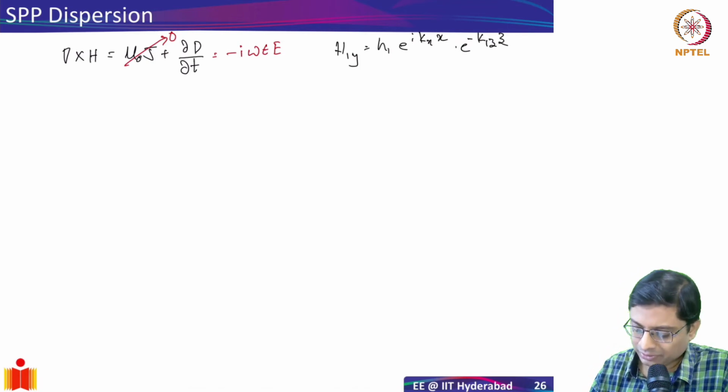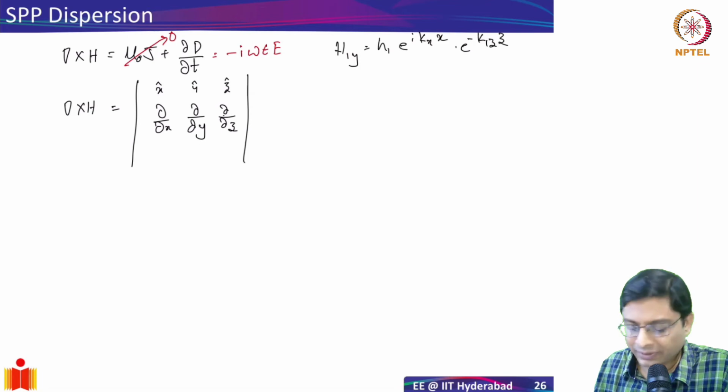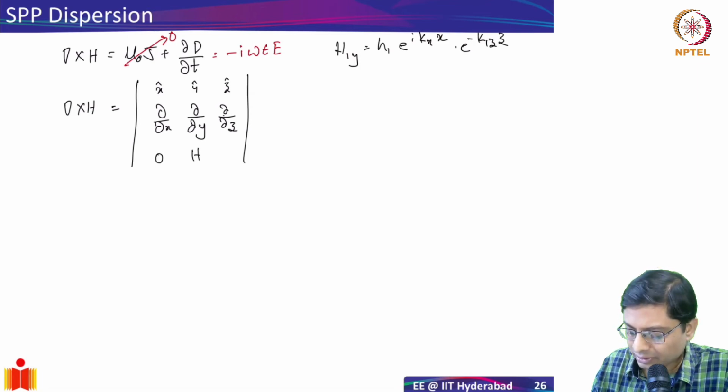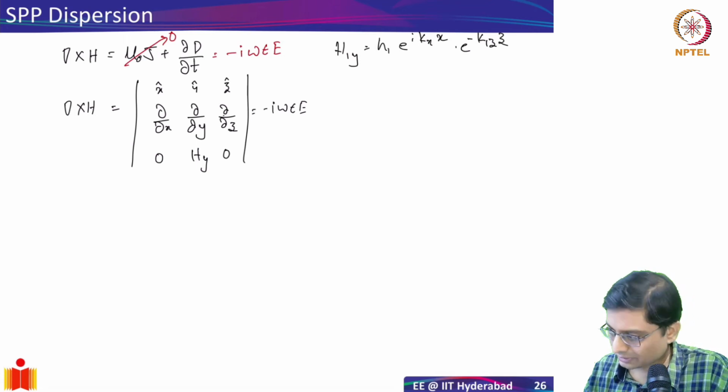So what is going to be curl H now? I can simply write out the cross product: x cap, y cap, z cap, and then del by del x, del by del y, and del by del z. The magnetic field I'm assuming to be only in the Hy direction, so only that component remains, and the entire thing equals minus i omega epsilon times E. Let's see what happens.